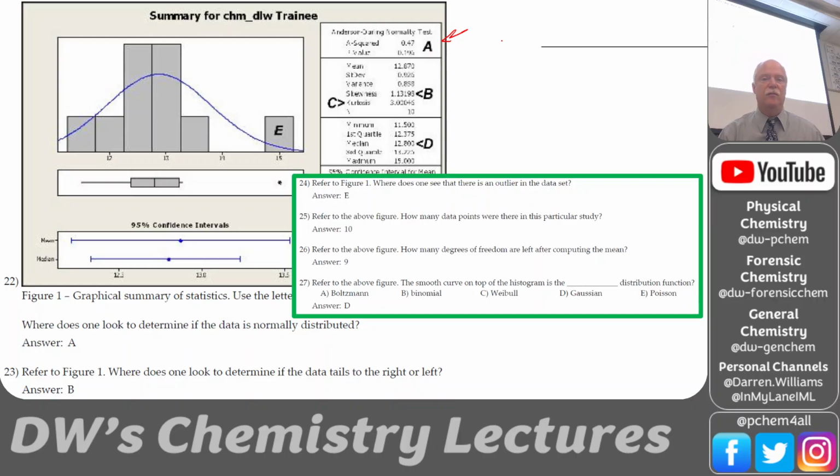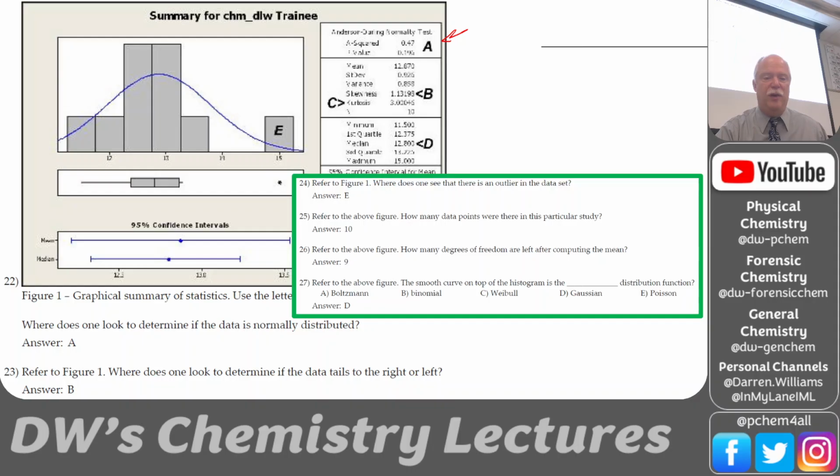It's above 0.05. I know it's kind of pixelated, but it's above 0.05. So we would say we're not able to reject that it's normal. It may not look exactly normal, but we're not able to reject that null hypothesis.